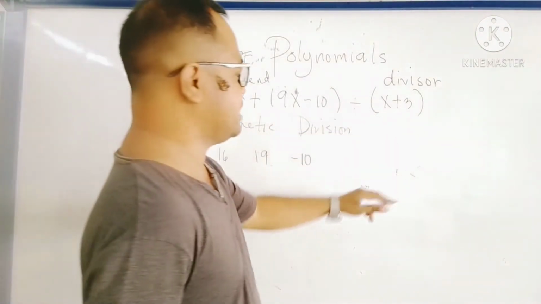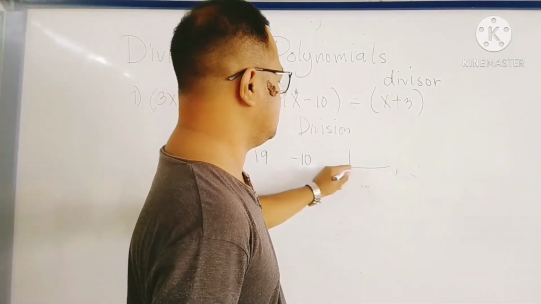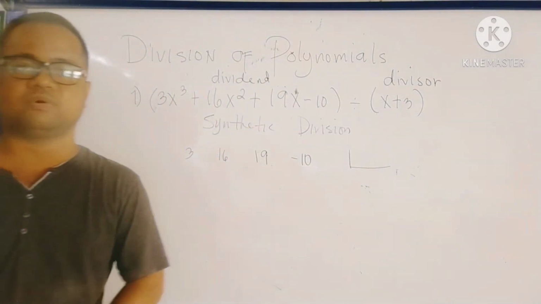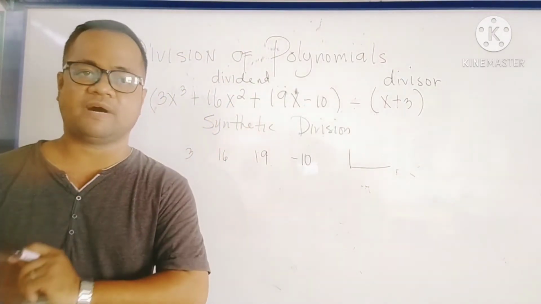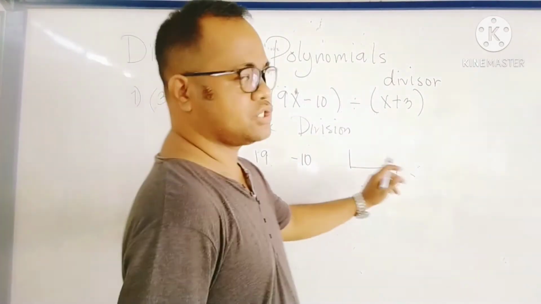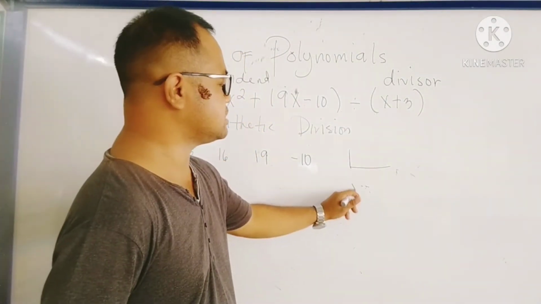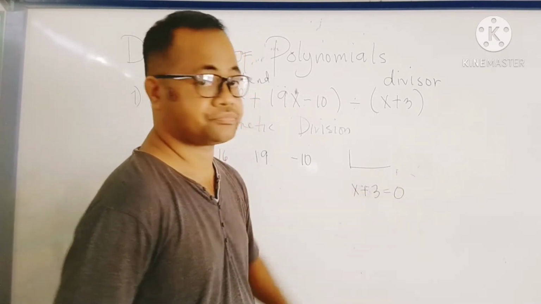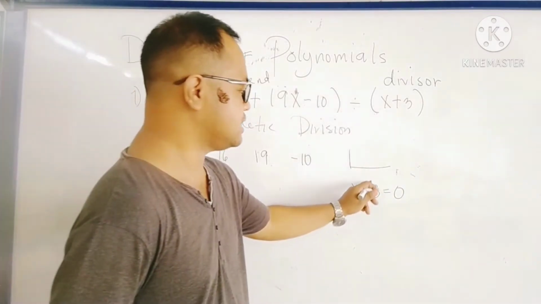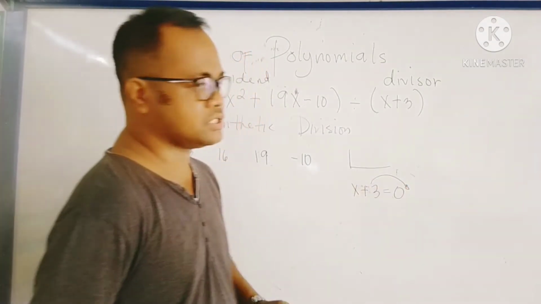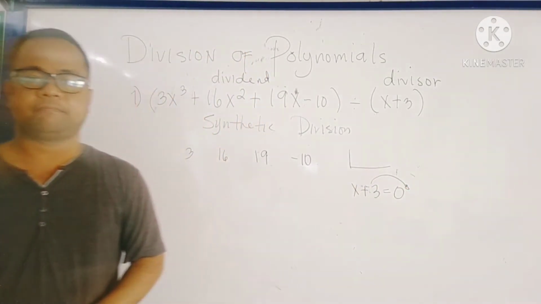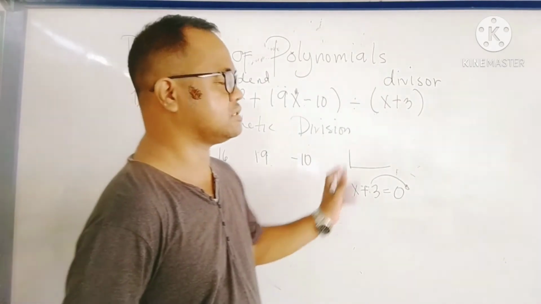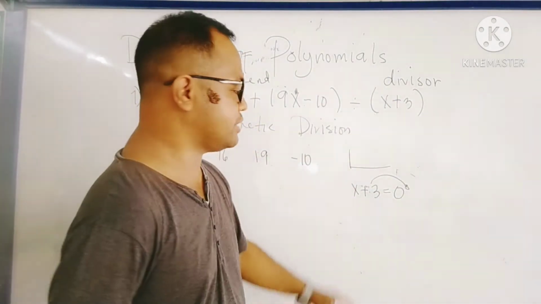So now for the divisor. Your divisor is x plus 3. So you have to solve for the value of x. So x plus 3 is equal to 0. To solve for x, you have to use the addition property of equality, or you just simply transpose 3 to the other side.